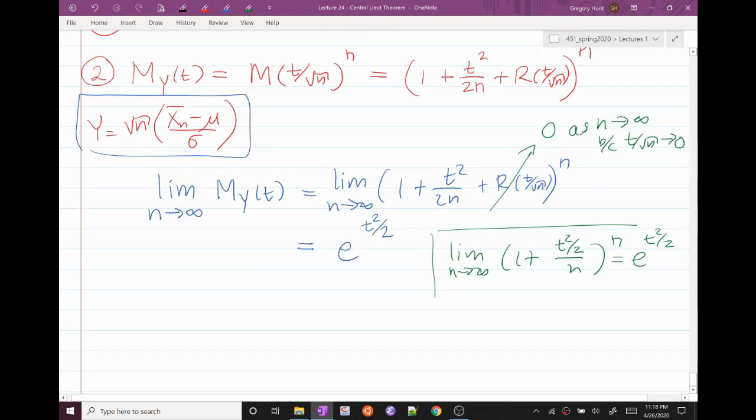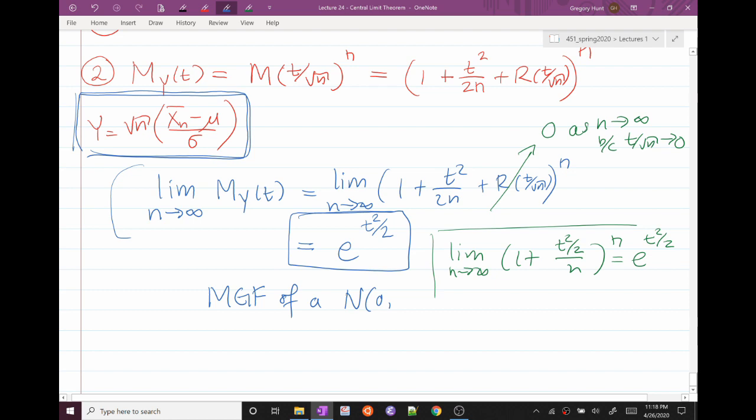So, just to recap, the limit of the MGF of this quantity in which you're interested is e to the t squared over 2, and that is the MGF of a normal 0, 1 random variable.